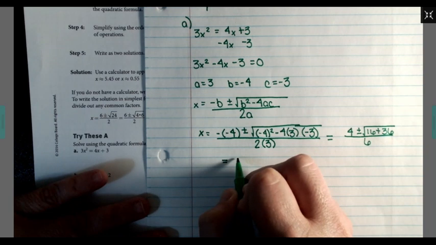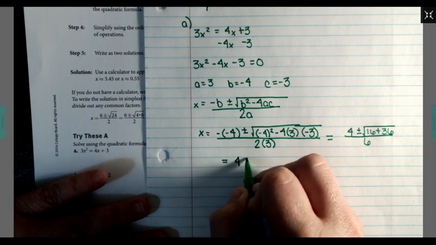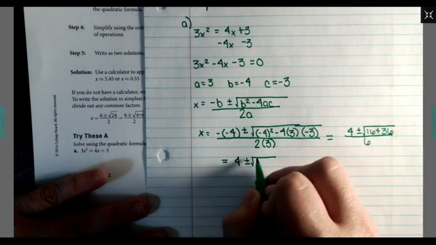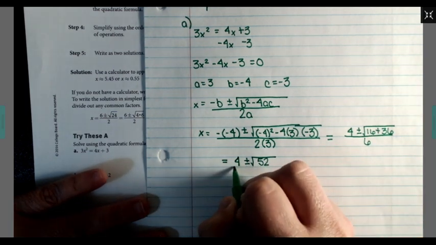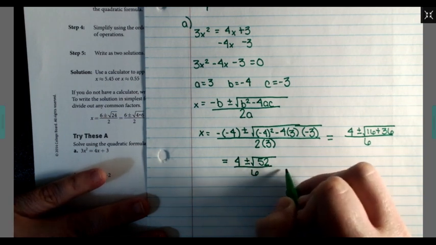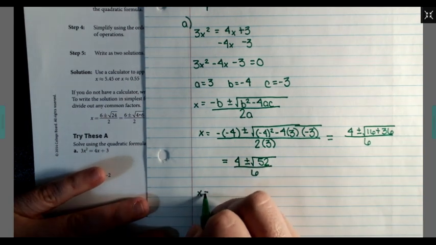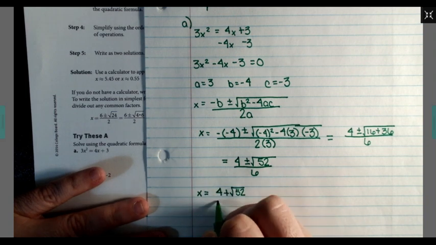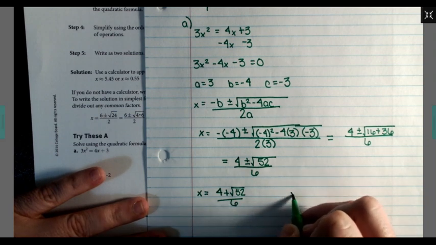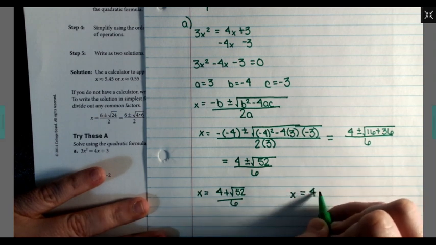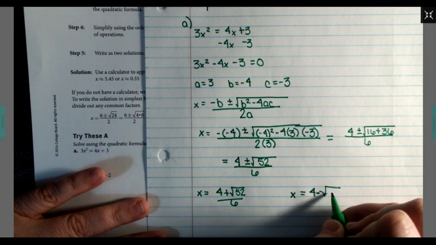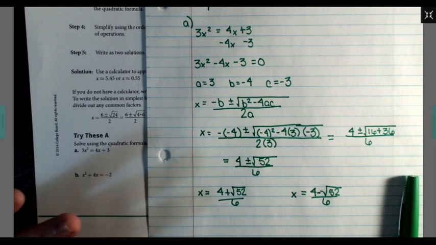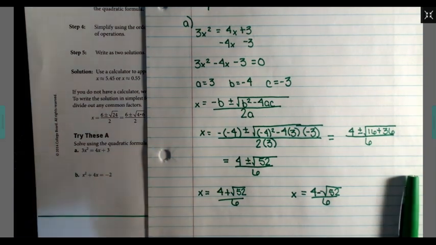So we have 4 plus or minus the square root. 16 plus 36 is 52. All divided by 6. So one of my answers is going to be 4 plus the square root of 52 over 6. The other one is going to be 4 minus the square root of 52 over 6. So I'm going to grab my calculator and I'm going to compute that number.